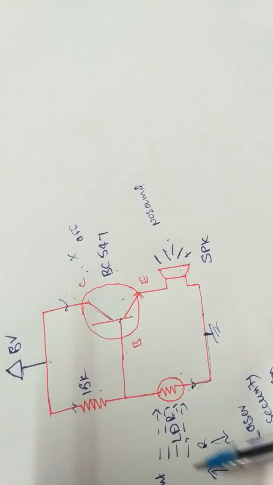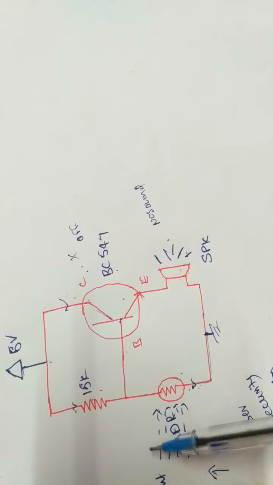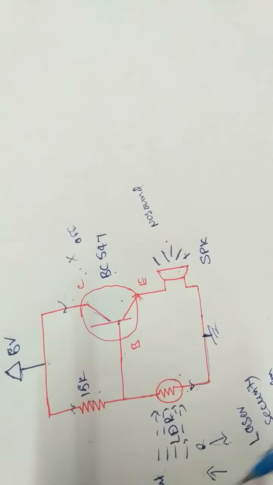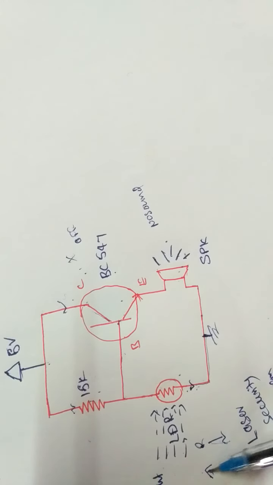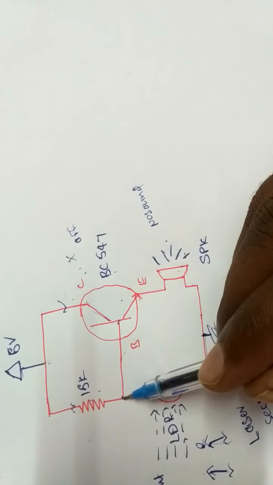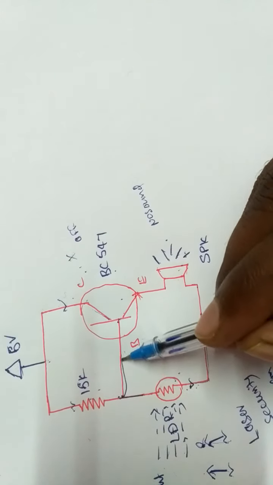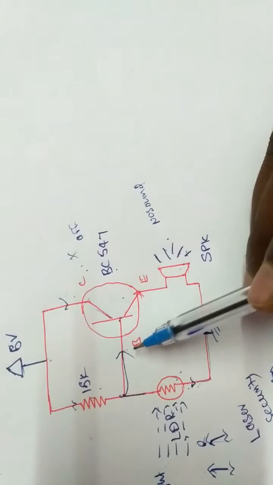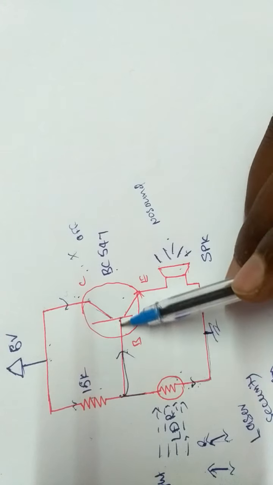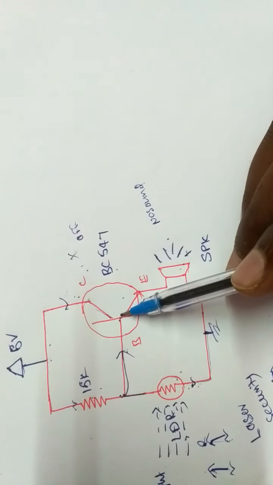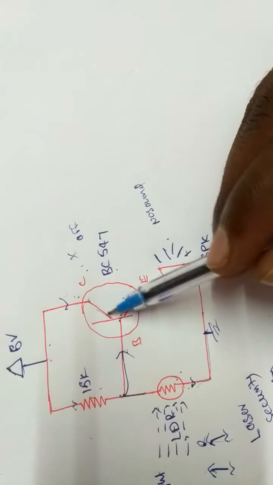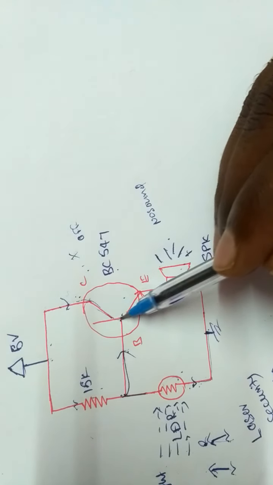Now I am taking one obstacle and placing it here, so there is no light. No light means resistance will be high. Resistance high means current will not flow in this direction, current will flow in this direction. At that time, the collector is connected to the VCC, we give the pulse to the base, and the emitter is already connected to the ground, so the current will flow like this.